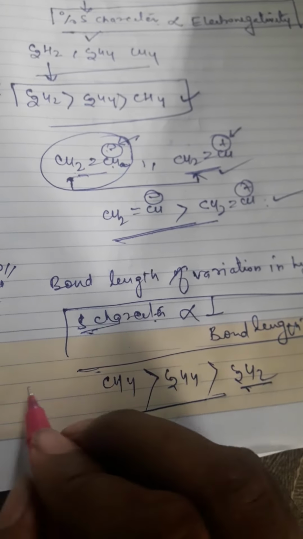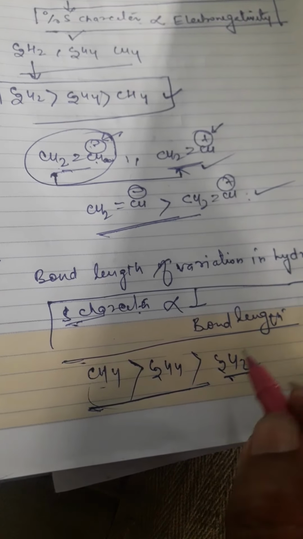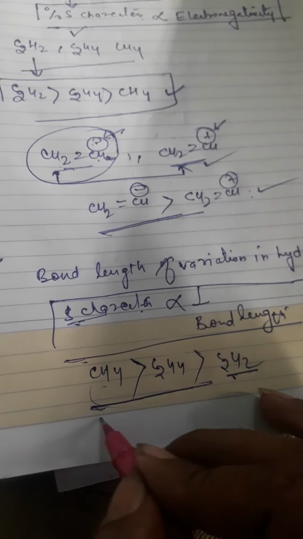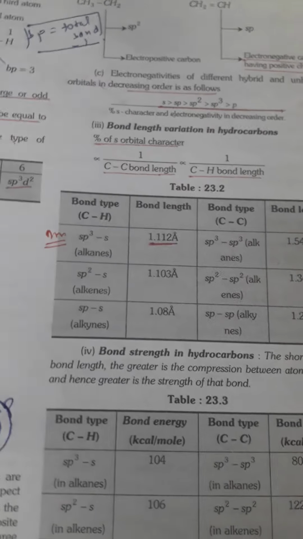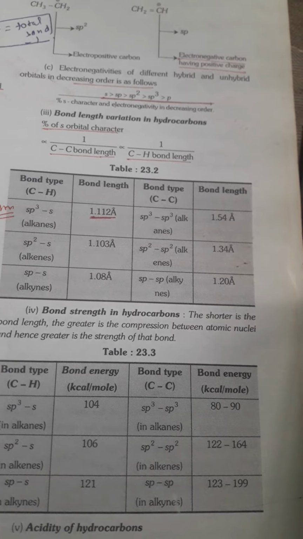If the question asks for the order of bond length of these three molecules, you can correct this one. You can also ask this type of question about bond length.